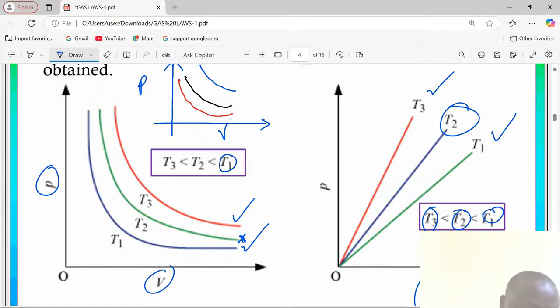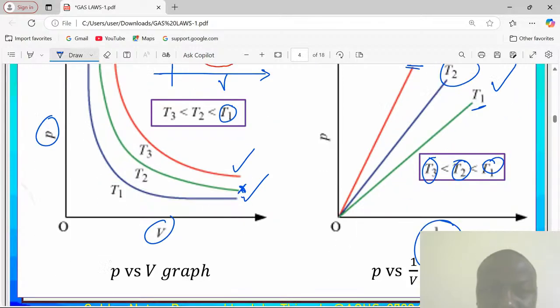If the straight line for T2 is drawn and you are told that this experiment was later repeated at a temperature slightly higher, then we expect the line to be T1. If it was repeated at a temperature just below T2, we expect the line to be on this side. So those are possible questions. Please remember to master them.